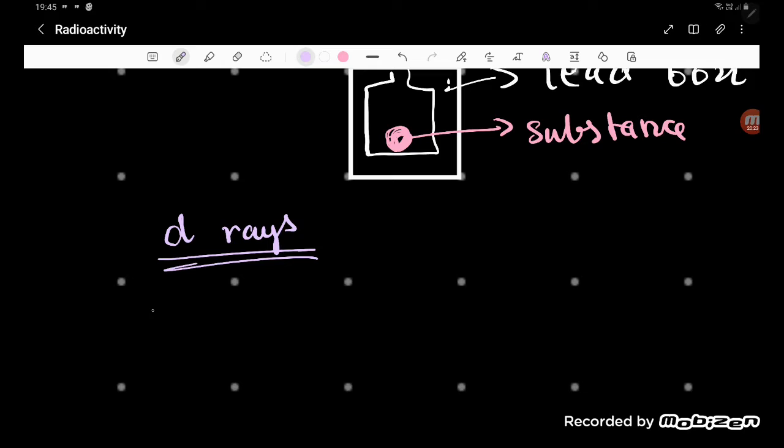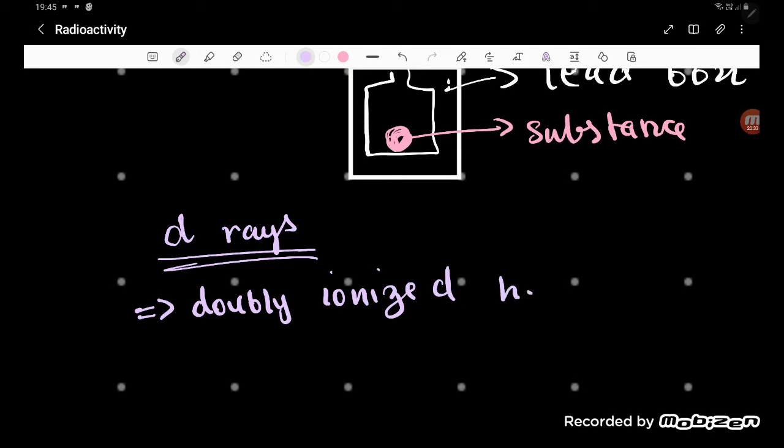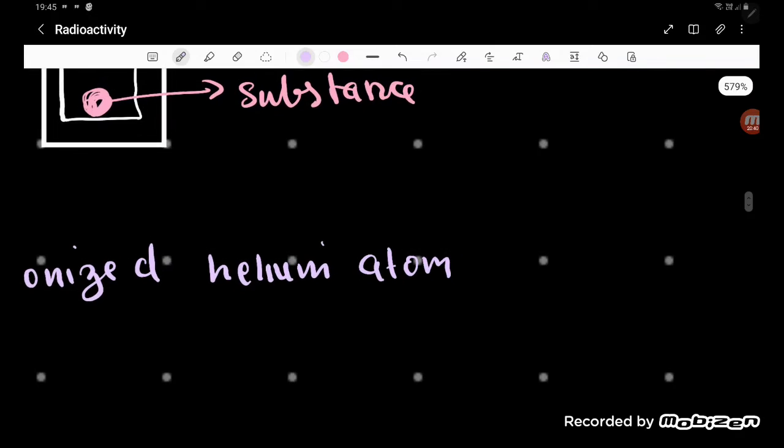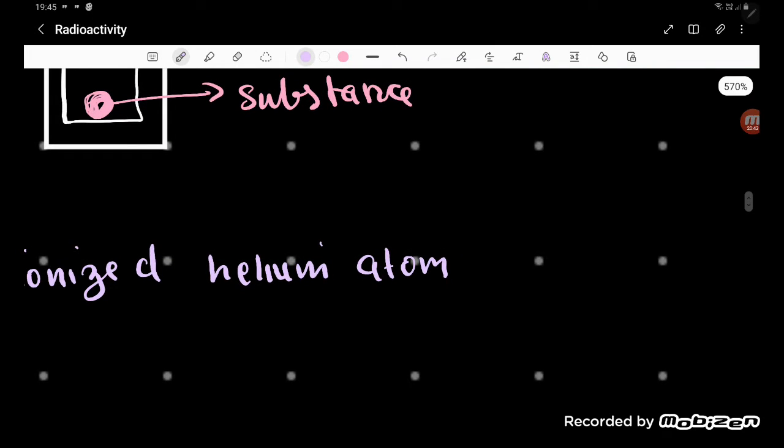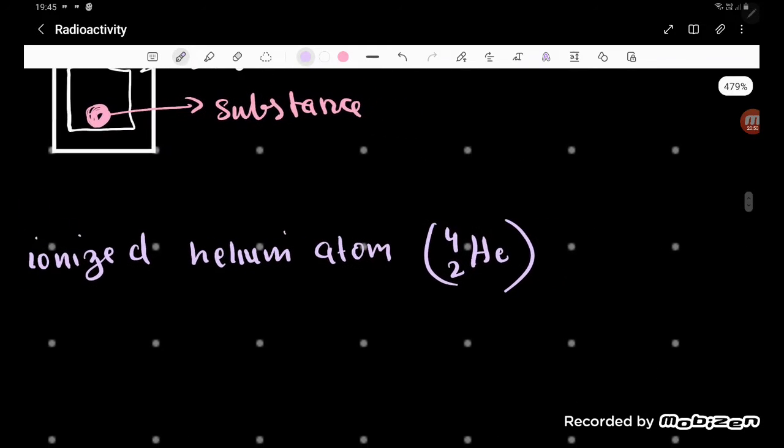It is technically equal to a doubly ionized helium atom. A doubly ionized helium atom is represented as 4 2He.